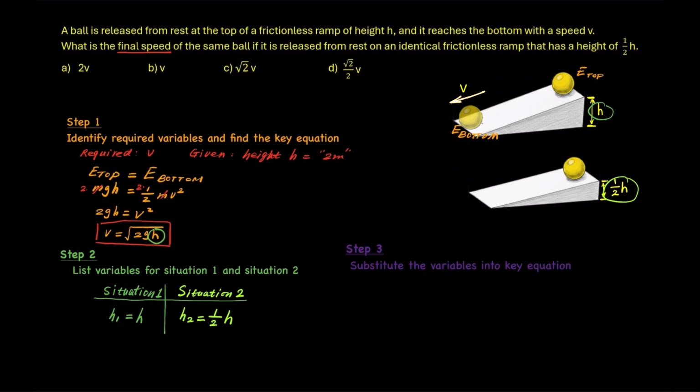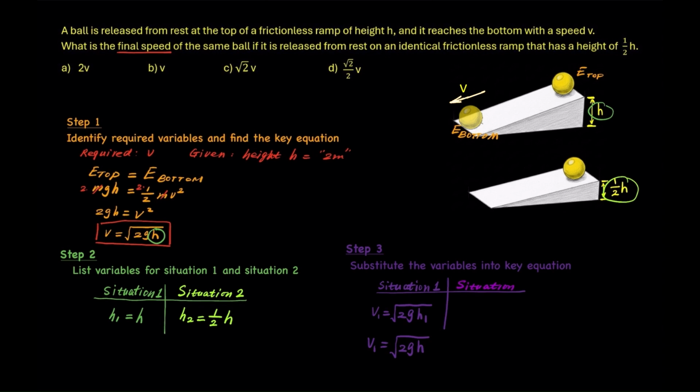The next step is to substitute those variables into our key equation to find the speed for each situation. For the first situation, let's call the initial speed v1. And v1 equals the square root of 2gh1. When we substitute h for h1, we get v1 equals the square root of 2gh. So for the first situation, the speed when the ball reaches the bottom is root of 2gh.